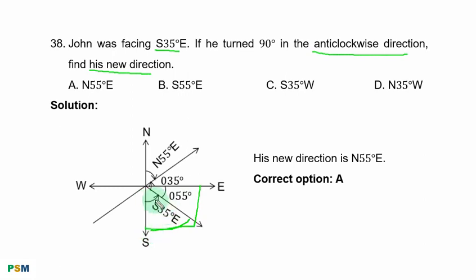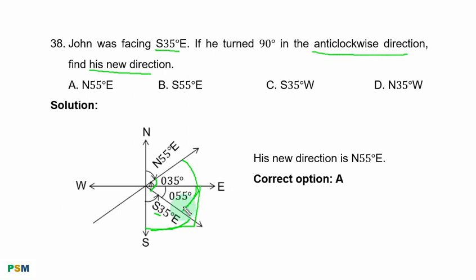This whole quadrant is 90 degrees. If from here to here is 35 degrees, the remaining angle must be 55 degrees. That means John moving from here to this part is 55 degrees. Remember, he turned 90 degrees. From here, he will enter the next quadrant by 35 degrees. So this is 90 degrees, the angle that John turned.